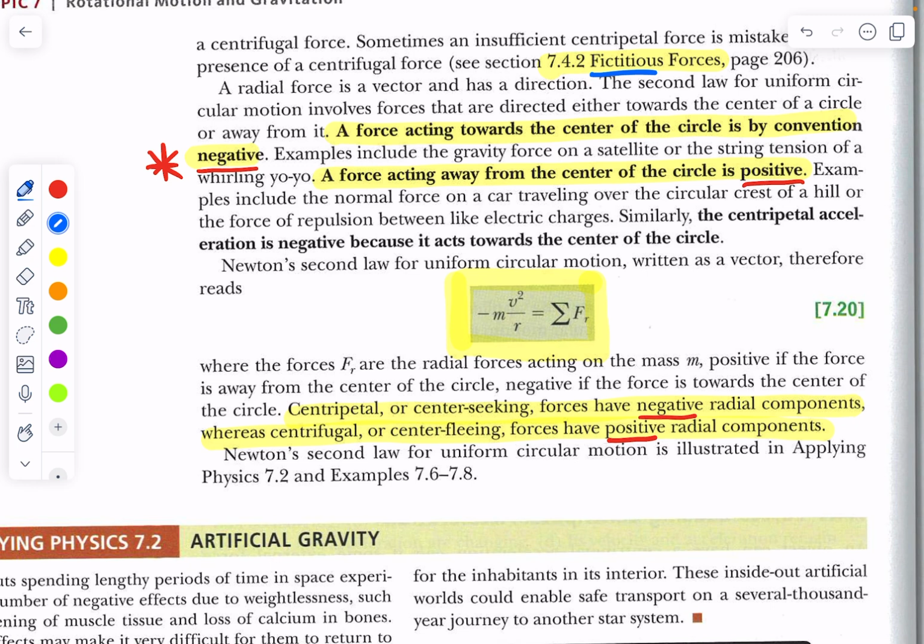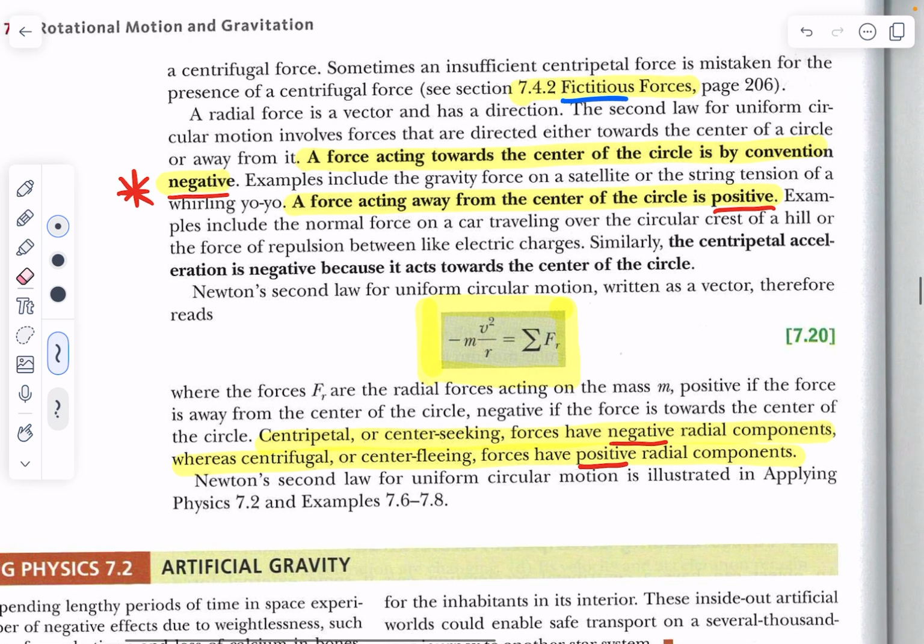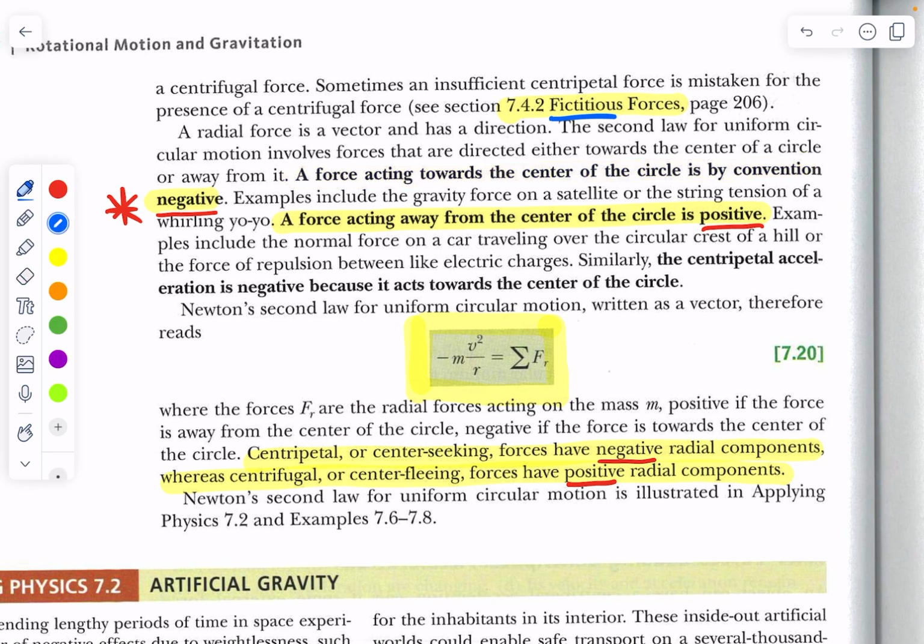And scientists have chosen, and it sounds kind of logical to choose it this way, this is a convention, that any force acting towards the center, by convention, is called a negative force.